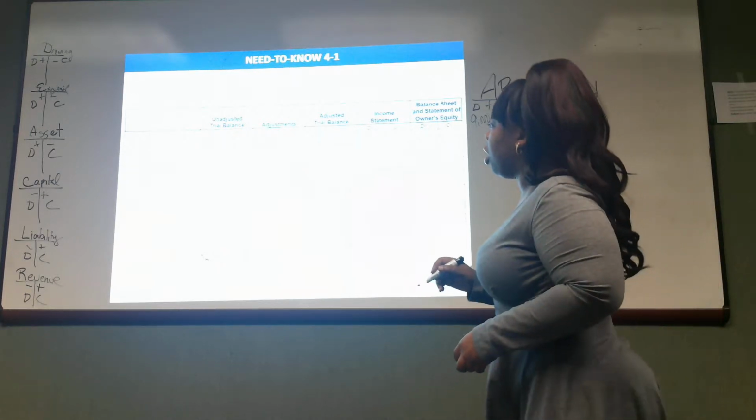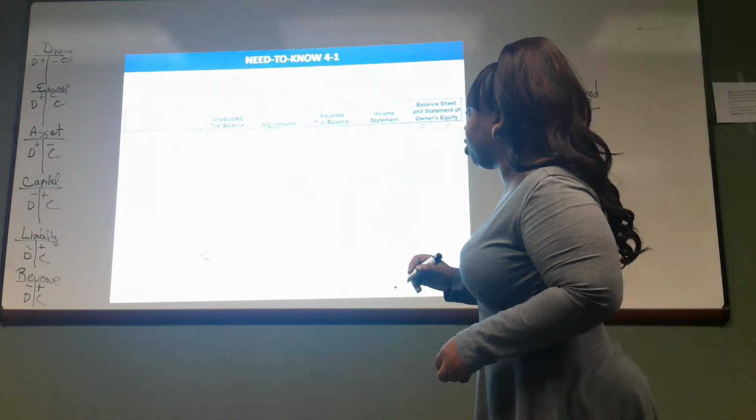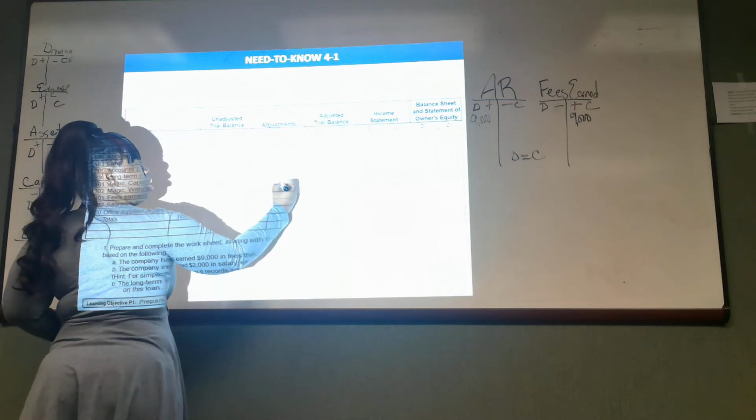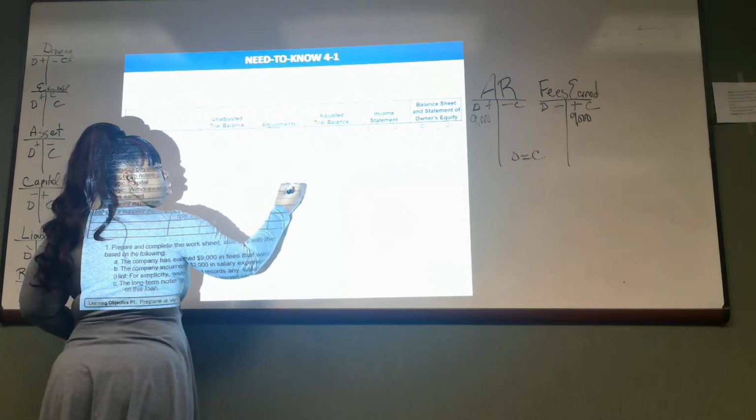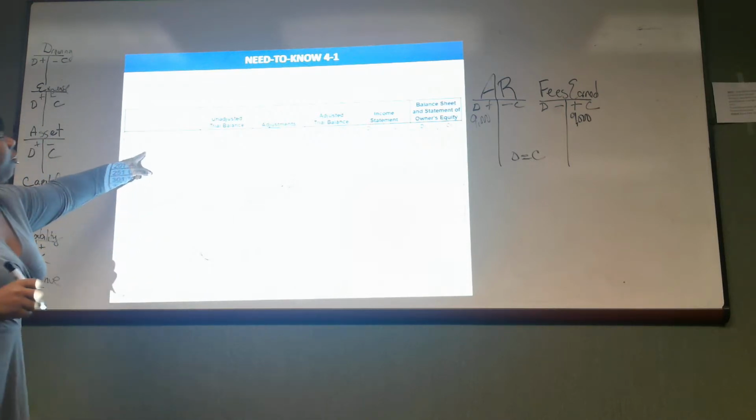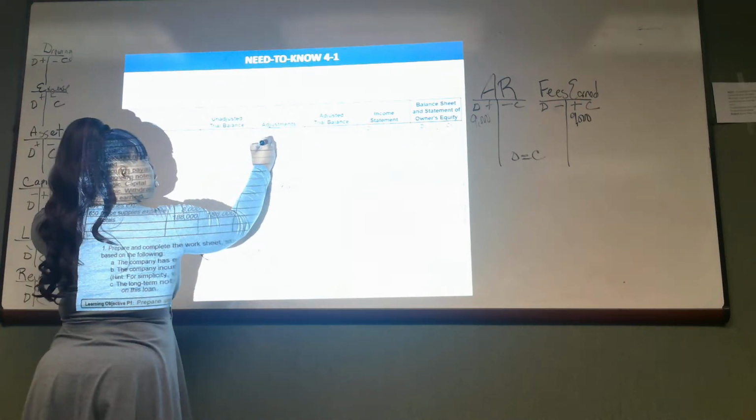So, the accounts that we're gonna impact are $9,000 credit for fees earned, and accounts receivable as a $9,000 debit.